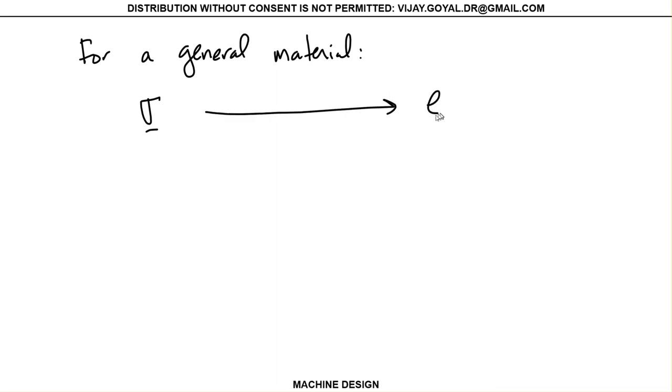Now, if you were to do this in the general sense, for a general material that's not necessarily isotropic, but it applies to isotropic, okay, for a general material, what you will have is, if you have this state of stress, from the state of stress you find your state of strain, and from your state of strain you find your principal strains, and from your state of stress you find your principal stresses.